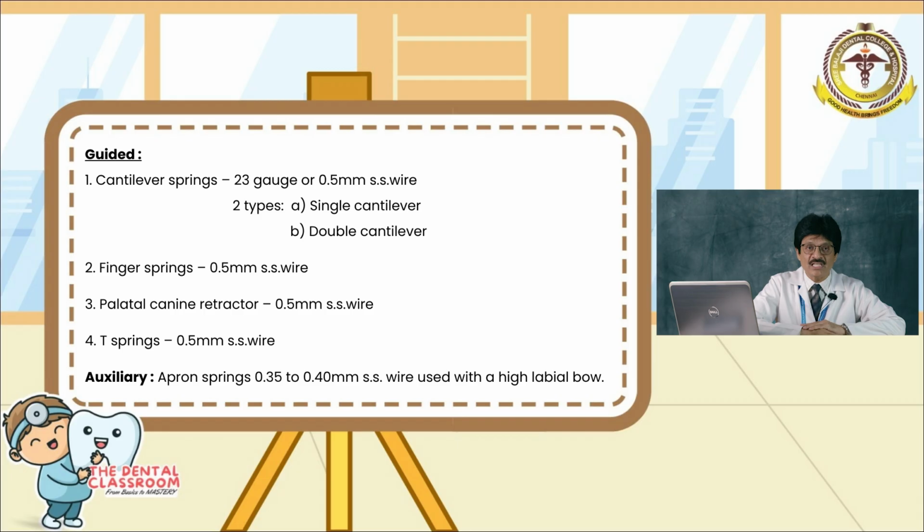Then we have the T-springs, also made up of 0.5 millimeter stainless steel wire. Then we also use auxiliary springs like the apron springs, which are made up of 0.35 to 0.4 millimeter stainless steel wire, used in conjunction with a high labial bow. I shall show you how all these springs function, how to use them, and how to fabricate them.